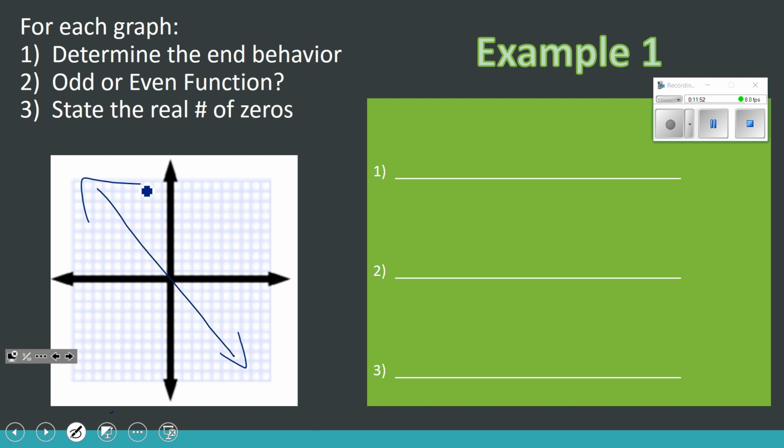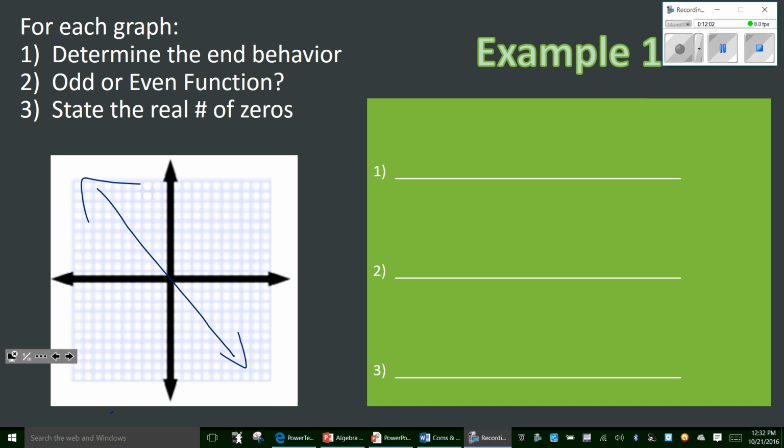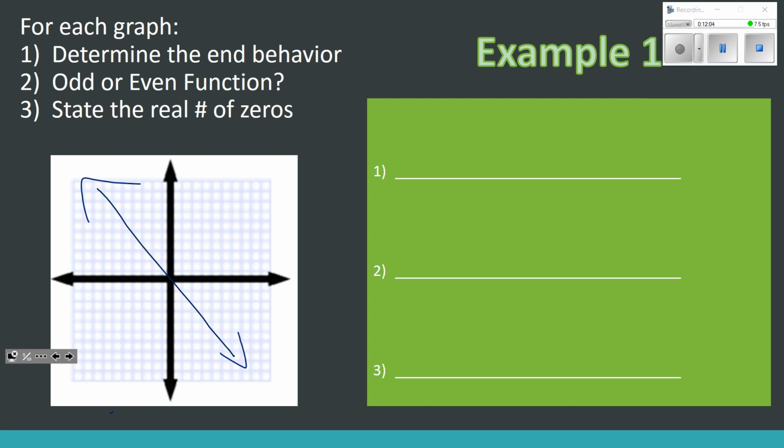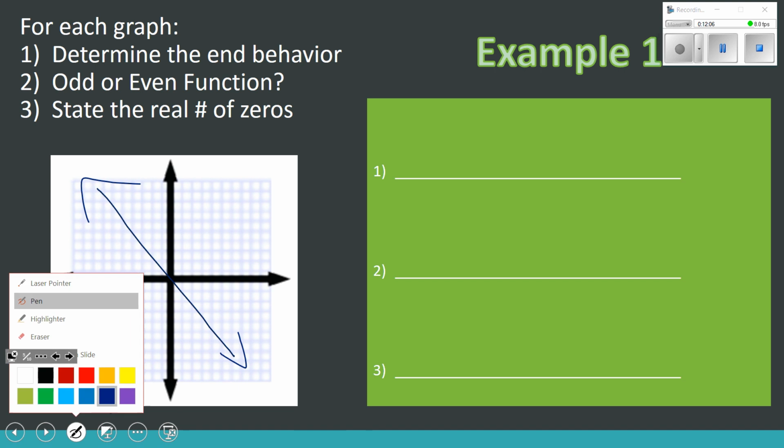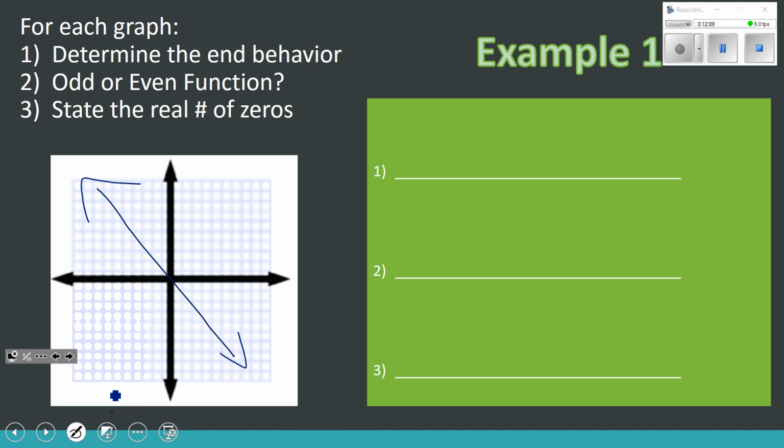Okay, so this is how we're going to discuss our end behavior. You're going to start by saying, as x goes to positive infinity, and this is for every single problem, okay? Every single problem is going to be set up like what's on my whiteboard right here.